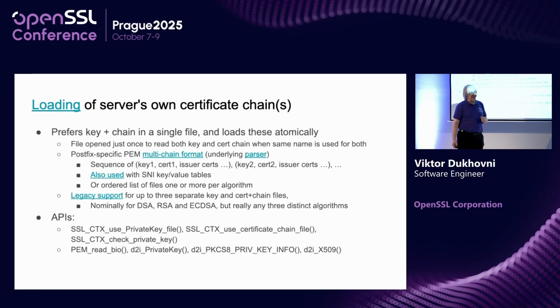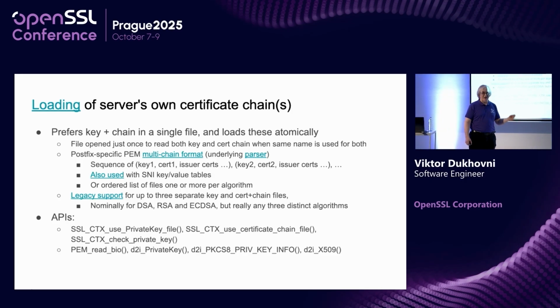The server's own certificate: originally, OpenSSL had support for just RSA. DSA got added pretty early, so you might have had separate settings for here's my RSA certificate, here's my DSA certificate. Eventually, in OpenSSL kind of 0.9.9 and 1.0, support for EC appeared, and Postfix grew yet another configuration parameter. Here's my ECDSA certificate.